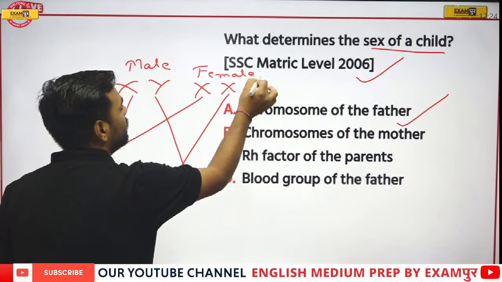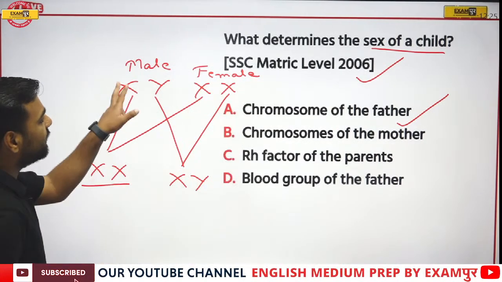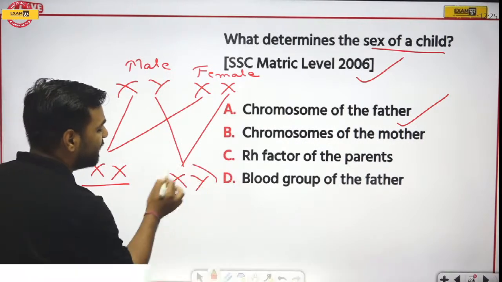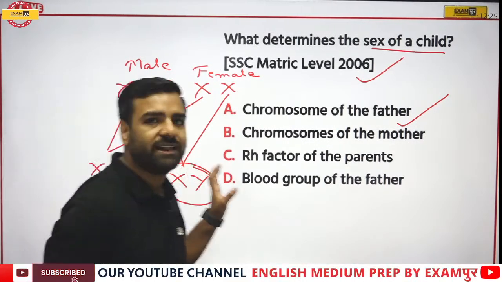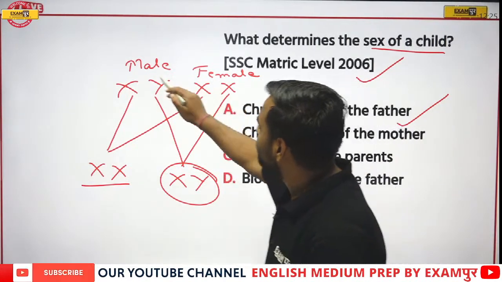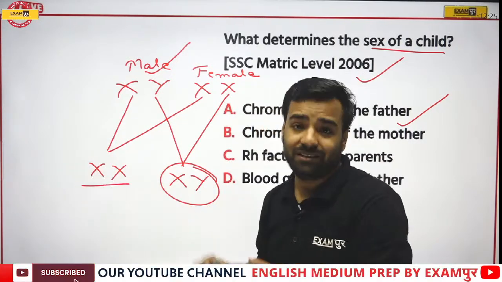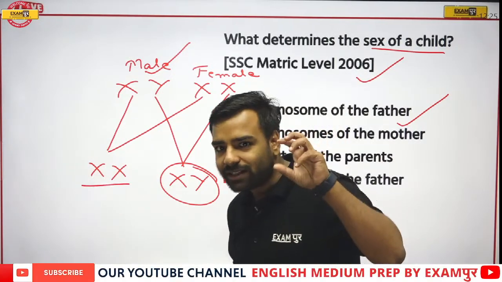So here we can understand female is always giving X, correct? But male may give X or Y. So it totally depends which particular chromosome is given by the father. So that's why we'll say that they are only males who are actually determining the sex of their child. Now this is very important.